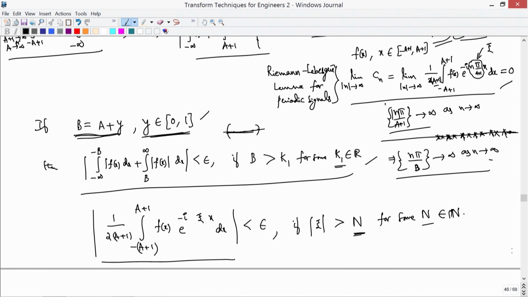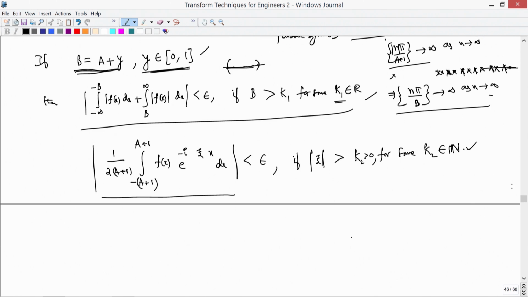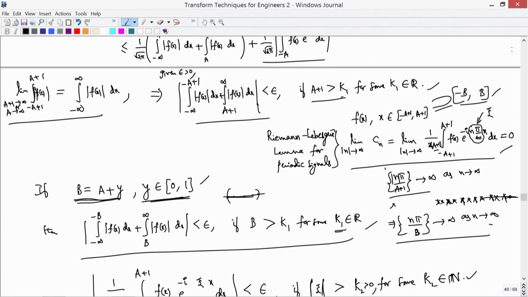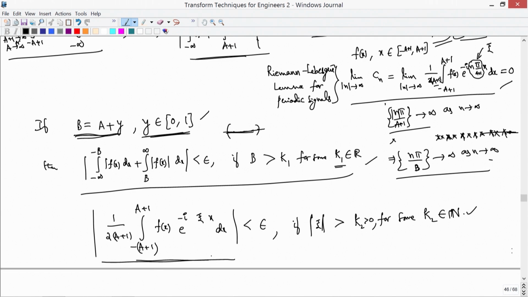Even on the negative side you have a sequence that converges to minus infinity. That way also you can look at it. I can choose mod xi bigger than N for some N. Instead of this N, you call this some k2, which is positive. Then you combine these two.